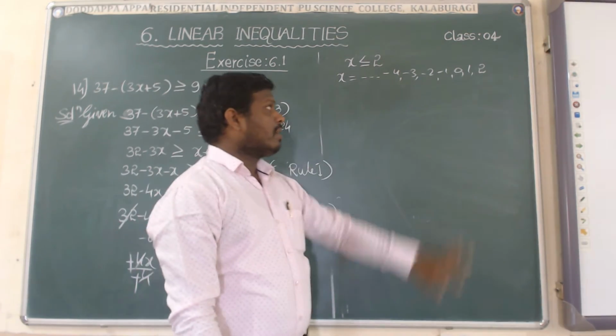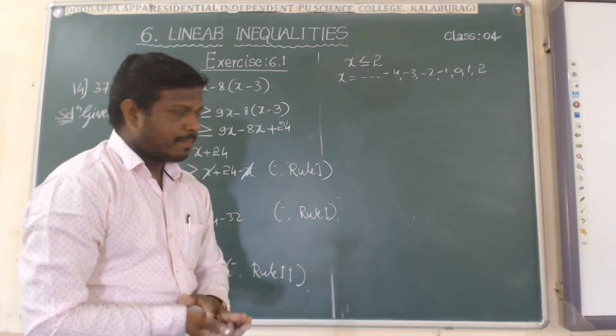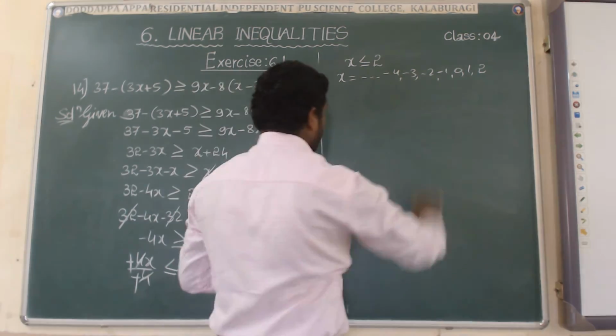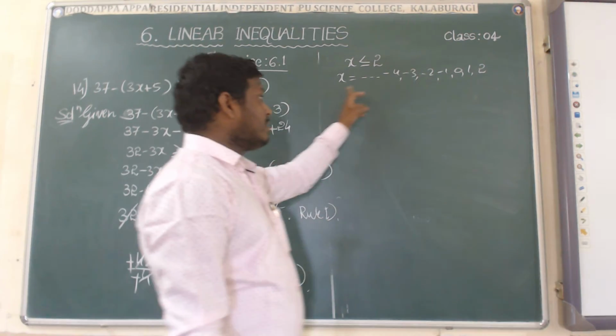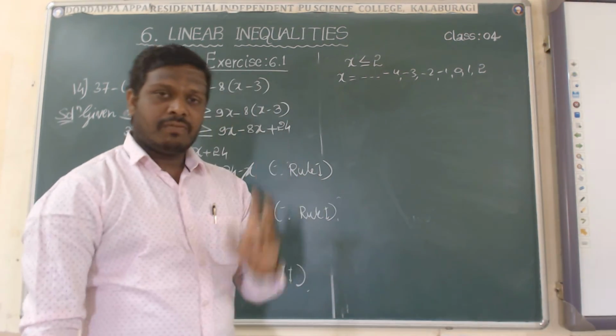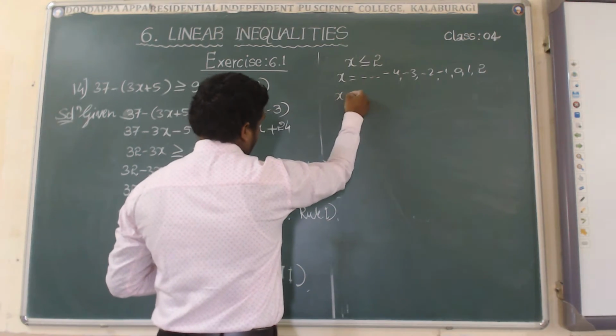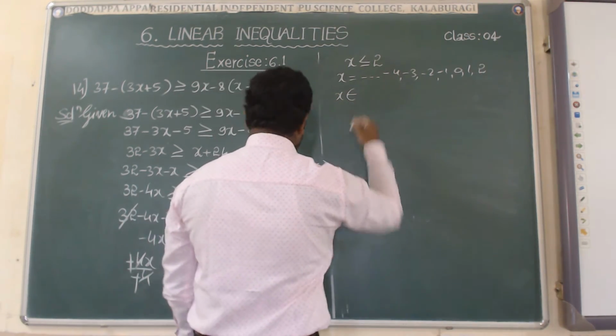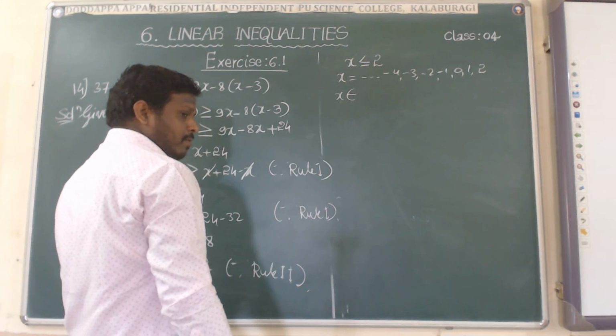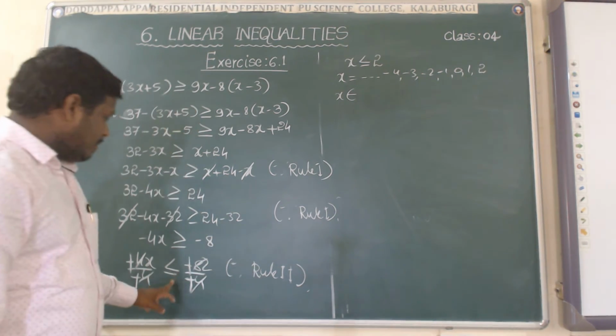And how can we write these in interval form? Please represent these solutions in interval form. How can we represent this? In this way: x belongs to, and you have to check which symbol is there.